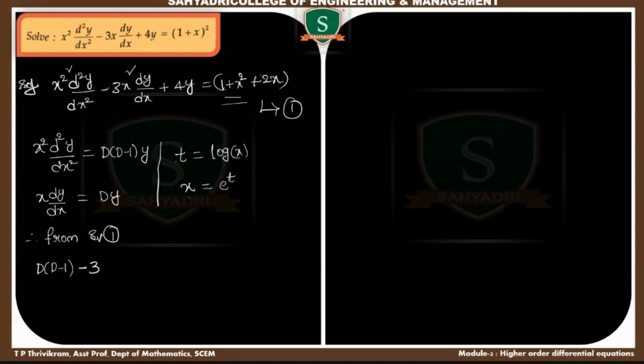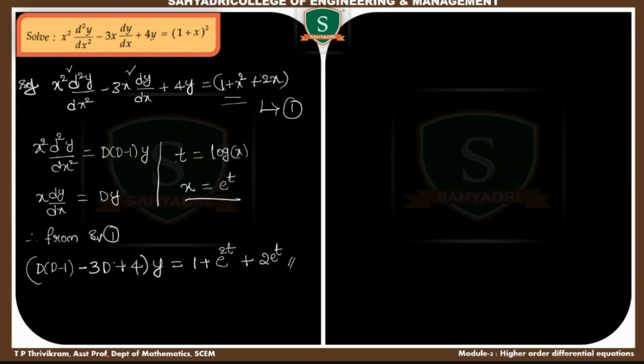This can be replaced with Dy, so 3D you'll get, plus 4 into y is equal to 1 plus x, which must be replaced with e power t. So (e power t) whole square can be written as e power 2t, plus 2 into e power t. x must be replaced with e power t. So I have replaced with this.